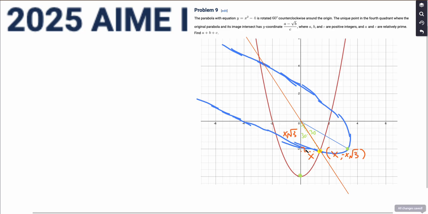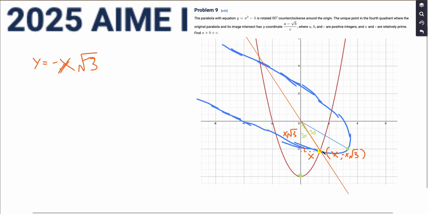And so the slope of this orange line is negative x root 3 over x, which is actually just negative root 3. Then we can multiply that by x to get the equation of the line, and there's obviously no y-intercept since it passes through the origin.